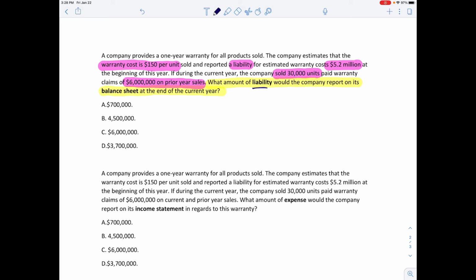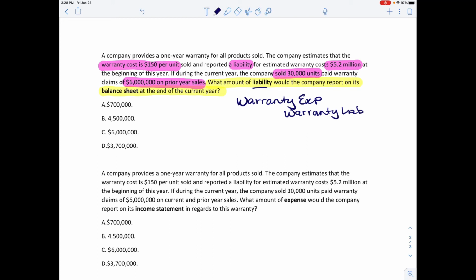So I'm going to go ahead and record that journal entry that records that warranty expense and also sets up that liability.